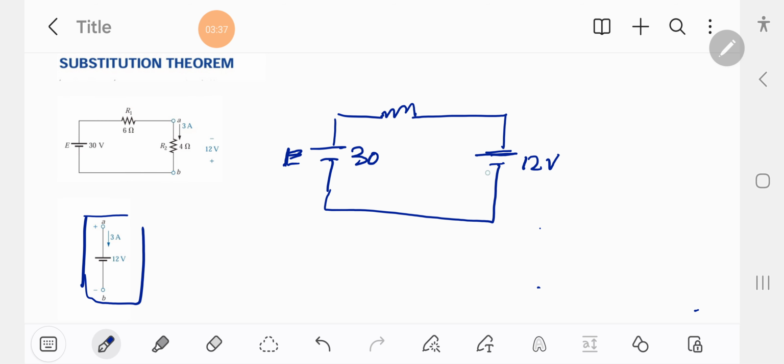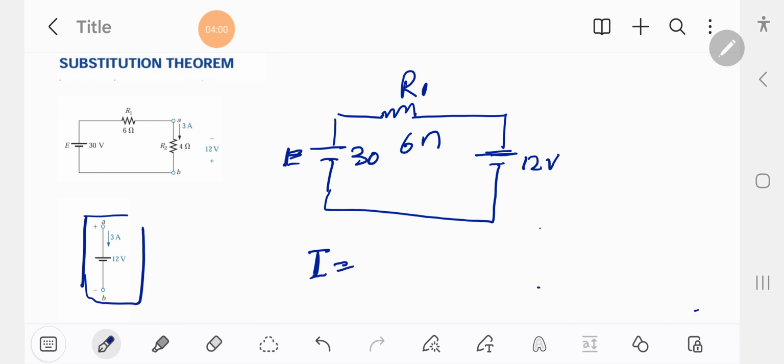For example, what will happen? We have two voltage sources. If we combine these voltage sources, and we are going to find the current, R here is 6 ohm.